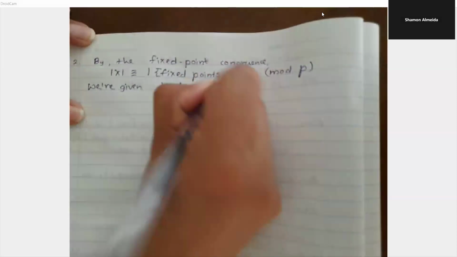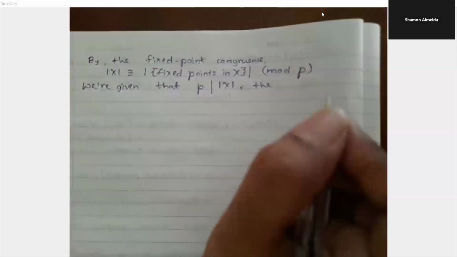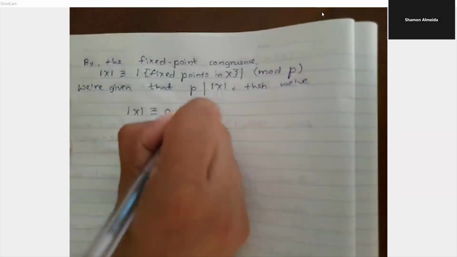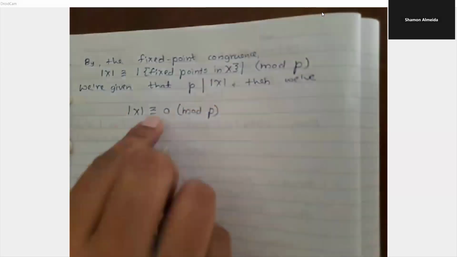We are given that order of X is divisible by p. We are given that p divides the order of X, right? Then, using the language of congruences, we see that the order of X is congruent to 0 modulo p.